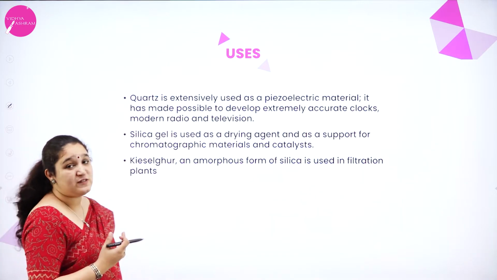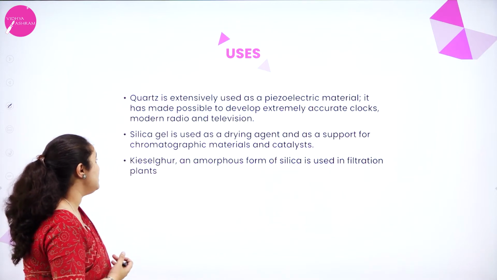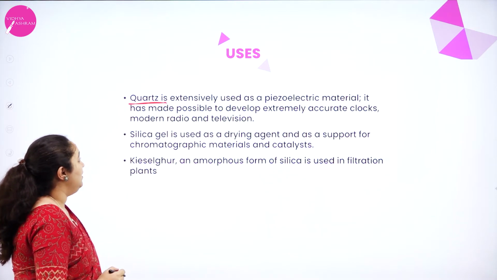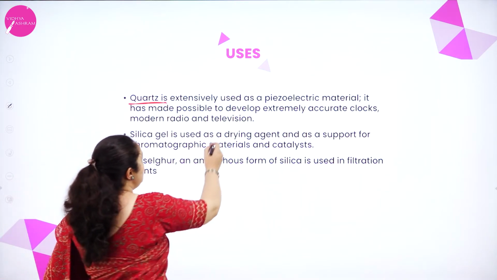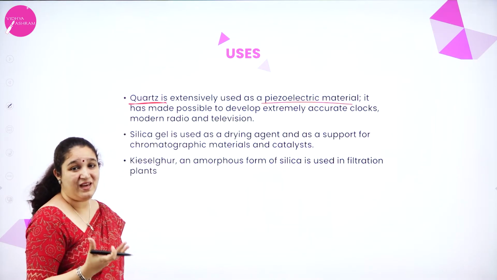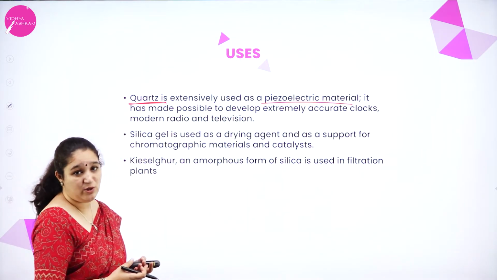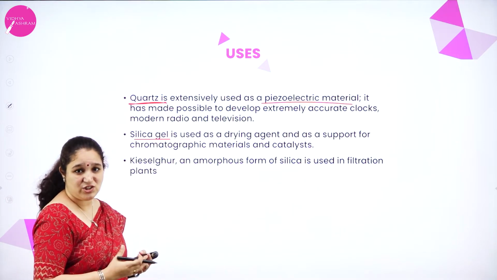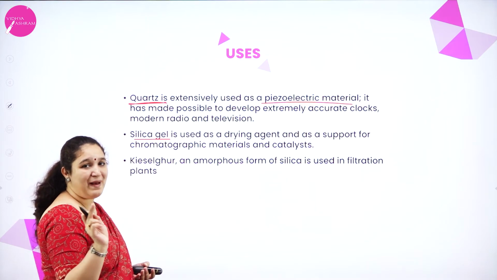Next, uses of silicon dioxide. It is extensively used in quartz. Okay, quartz is extensively used in electric material, like making clocks and also in modern radios and television. Also, silica gel is used as a drying agent. We have seen the silica gel packets, isn't it?